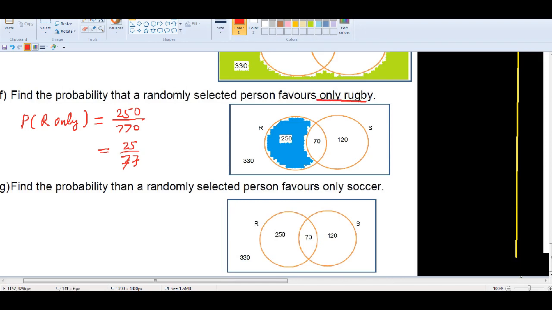So the keywords: only rugby there, only soccer here. I think it should be only that part, the same idea as the last one. So this time S only, that's S only. Should be 120 only. Alright, and here's the answer.